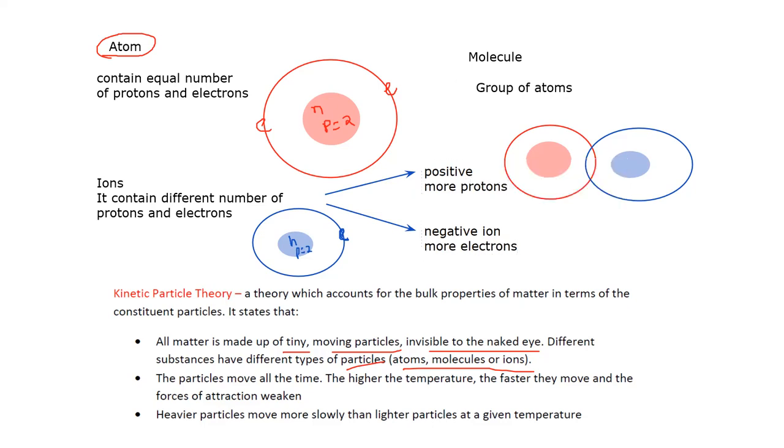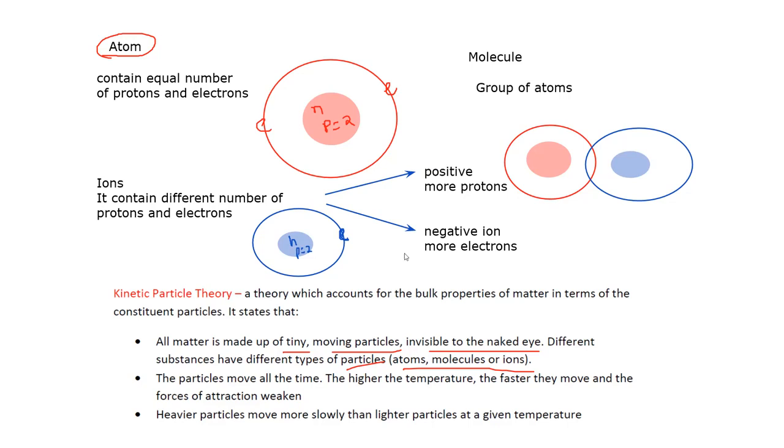So whenever you have a matter, it may have atoms, molecules, or ions. If it has an equal number of protons and electrons, we say it has atoms. If it has a group of atoms joined together, we say this matter is made up of molecules. And if there are particles with different numbers of protons and electrons, we say this matter consists of ions.